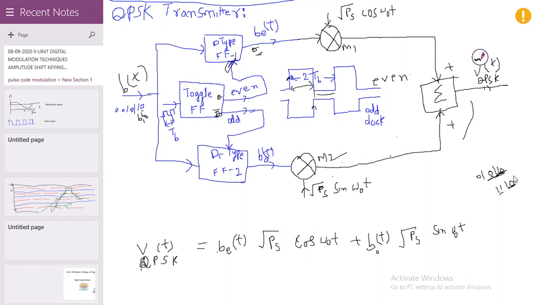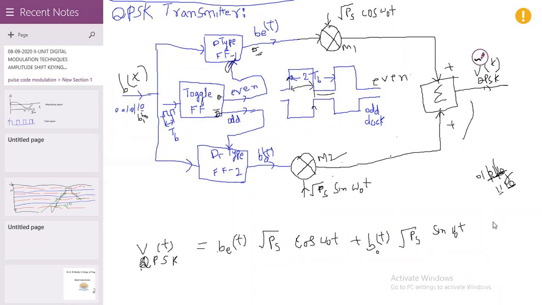But in this case, one after one can be transmitted. Okay, that is offset QPSK. This is non-offset QPSK. This block diagram is an offset QPSK.